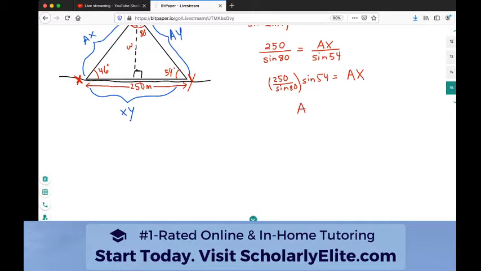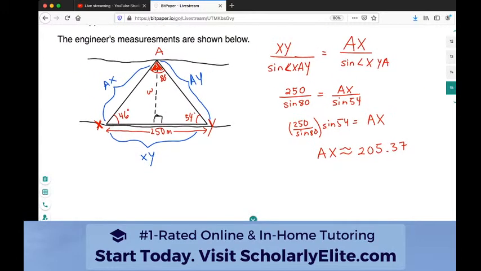So AX is approximately equal to 205.37. So that's this right here. So let's plug that in. 205.37 meters. Wonderful. And then you can very easily solve for the other side using the same sine law.